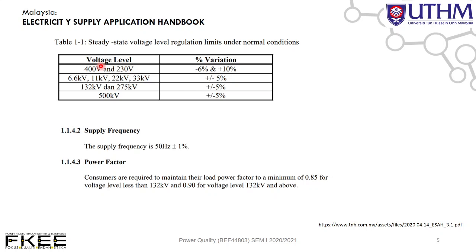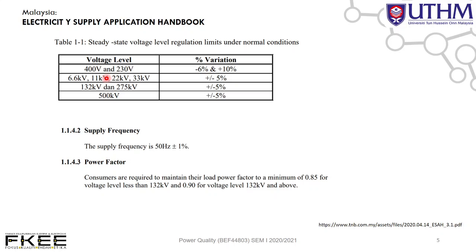Kat rumah kita ada 3 phase. If we use 3 phase, we have a 400 volt 3 phase line to line voltage. For the single phase line to neutral voltage, we have 230 volt. This is the acceptable limit of the voltage, minus 6% and plus 10%.